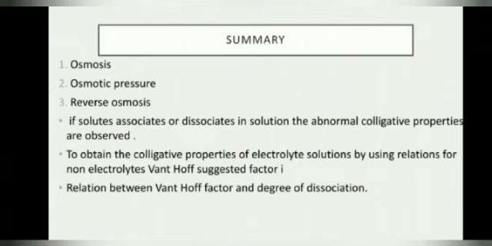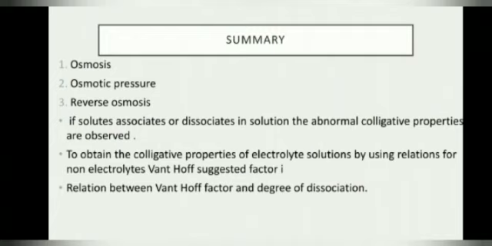Then Van't Hoff observed the resemblance between the properties of gases with that of the solutions. Accordingly, he modified the ideal gas equation, that is pi V equals nRT. Now we have studied the equation for the non-electrolyte solution. If the solute associates or dissociates in the solution, abnormal colligative properties are observed.